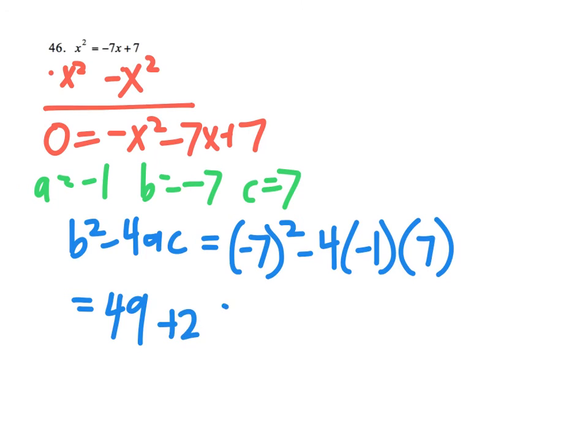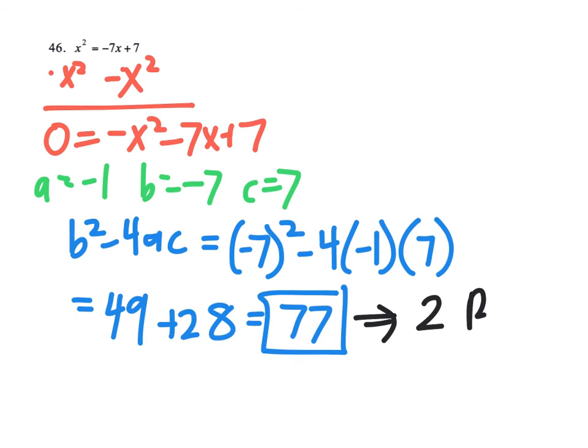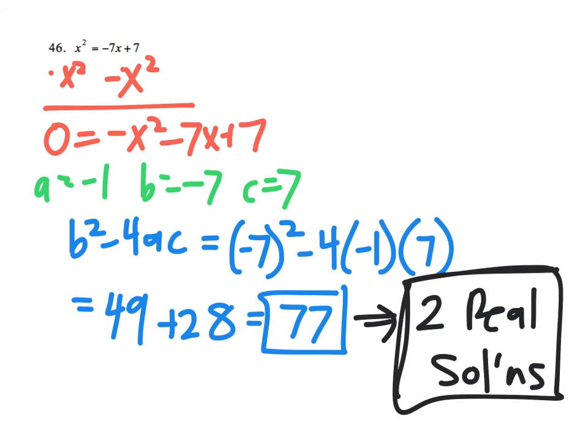So we have 49 plus 28, which gives me 77. And that will be my final answer. Again, this tells me that I have two real solutions. I really wish somehow we were getting one that didn't have two real solutions, but so far we don't.